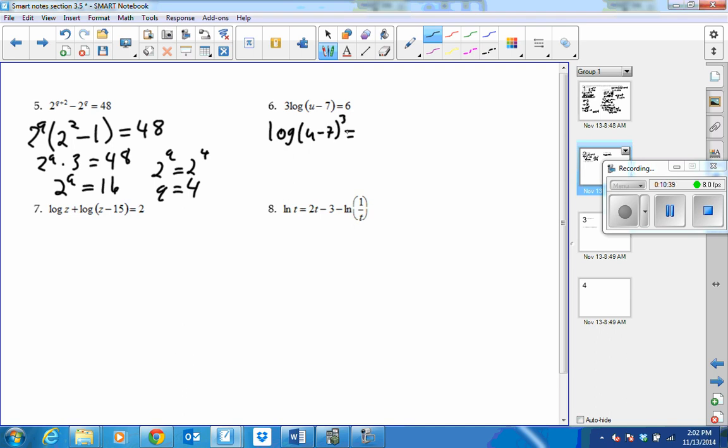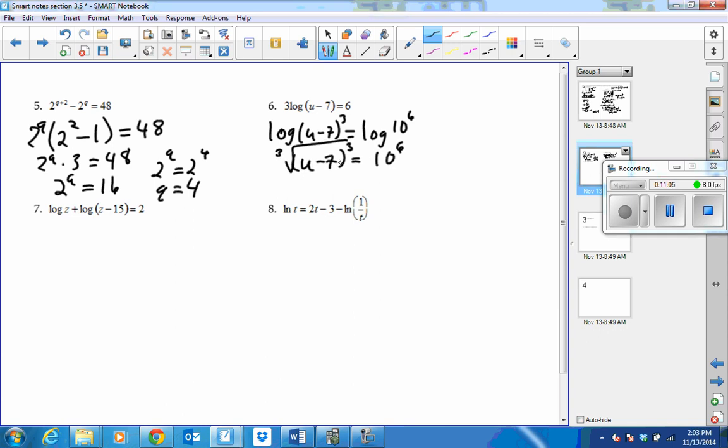Now, if I want 6 to equal a log of base 10, what would that power have to be? Well, it'd have to be 10 to the 6th power. So that would look like that. So now we would say that u minus 7 cubed equals 10 to the 6th. So we're just setting the powers equal to each other.